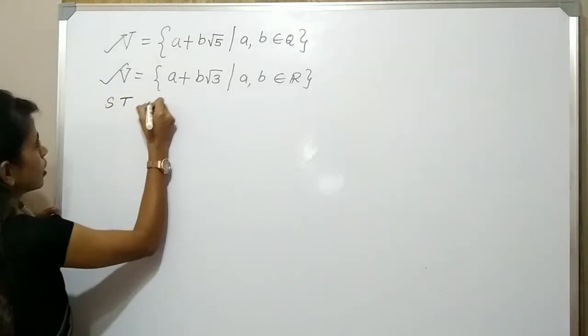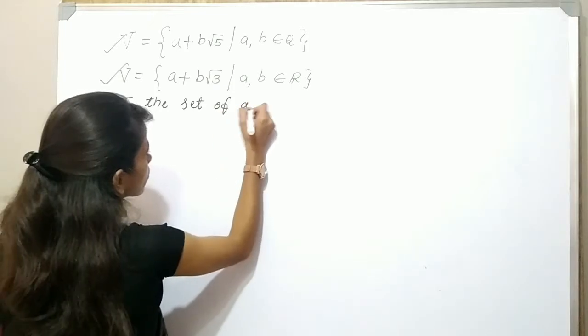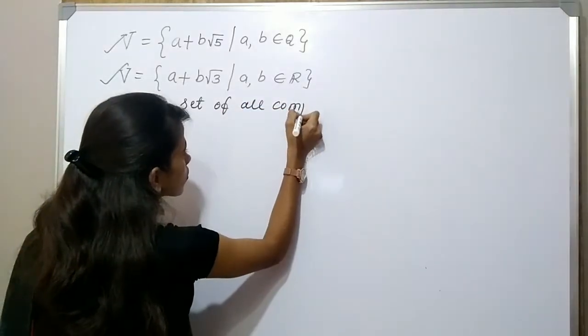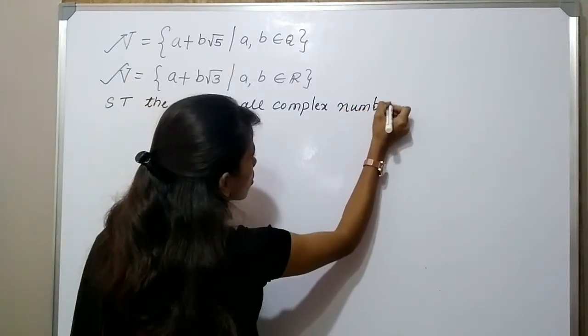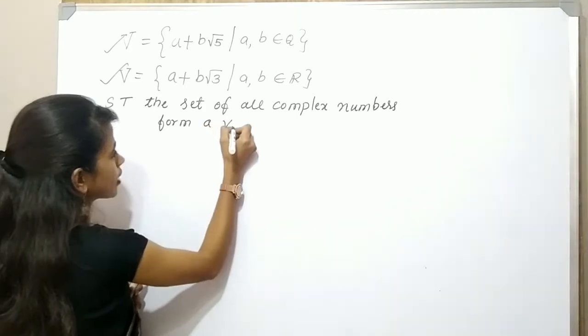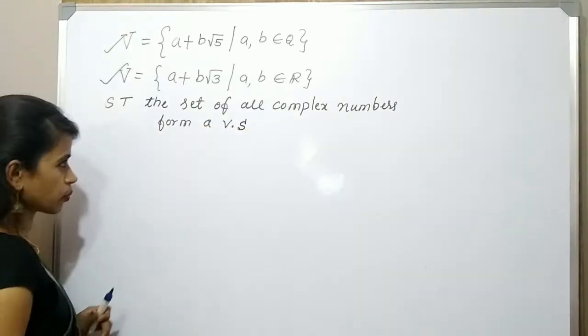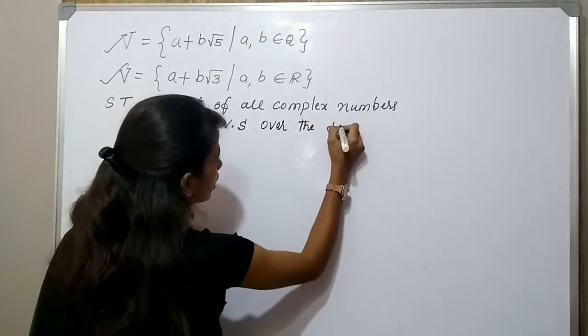Show that the set of all complex numbers form a vector space. VS stands for vector space over the field of real numbers.